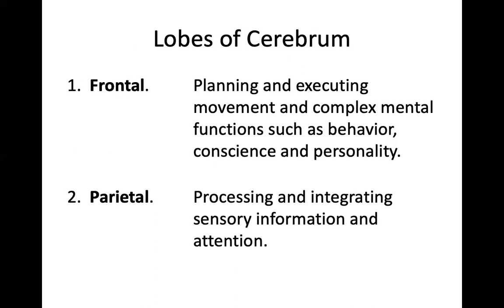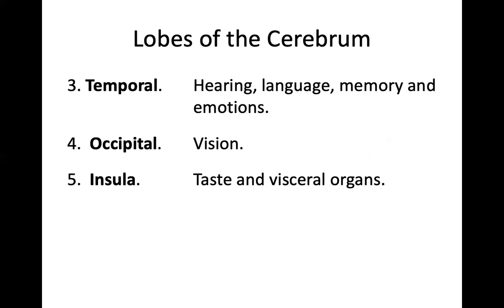What about parietal? On the top of your head. It processes, integrates sensory information and attention. Hearing, language, memory, emotions, these are in the temporal part. Occipital part will be the back of the head, which will cover the vision. And interior side, the insula, is for taste and visceral.